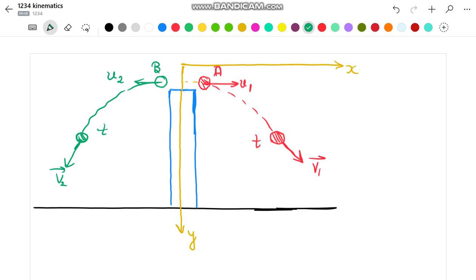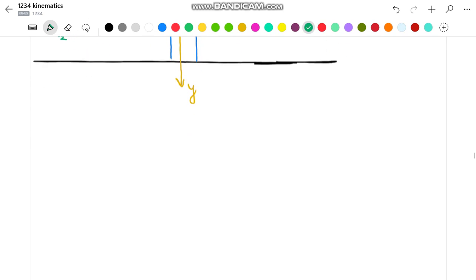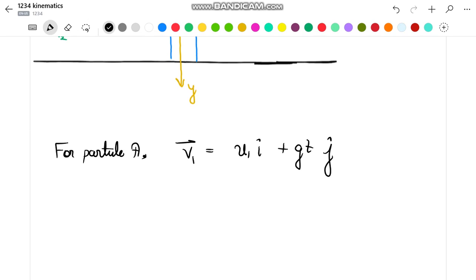So at time t, the velocity of particle A can be written in vector form with the help of basic kinematics as u1 i cap plus gt j cap.